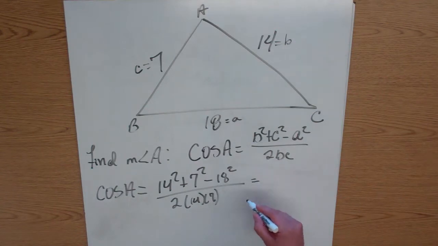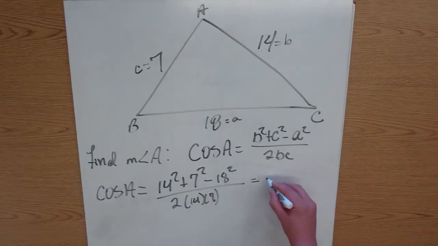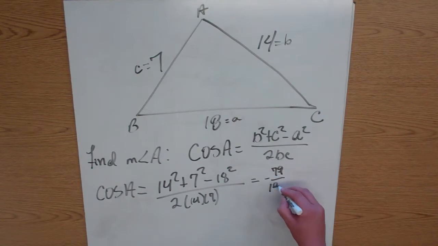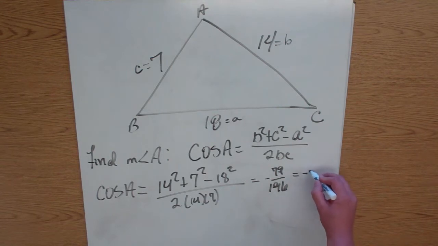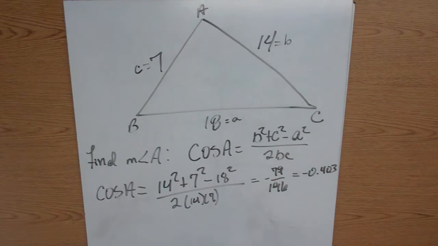Plug this into your calculator, and that will give you negative 79 over 196, which as a decimal is negative 0.403. So the cosine of A equals negative 0.403.